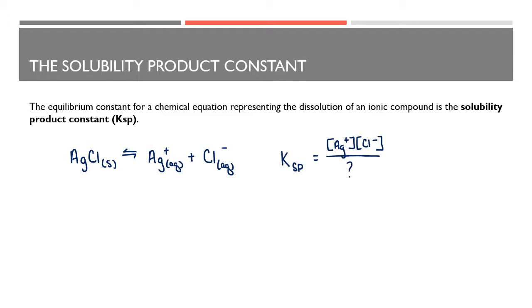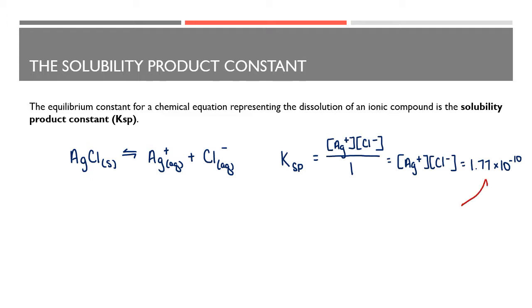However, we have a problem in this situation. Our reactant is a solid, and we don't represent solids in equilibrium constant expressions. So we will represent it as a 1 on our reactant side. So really what we're doing is we're just representing the dissolved ions when we have an equilibrium constant expression that relates to solubility.